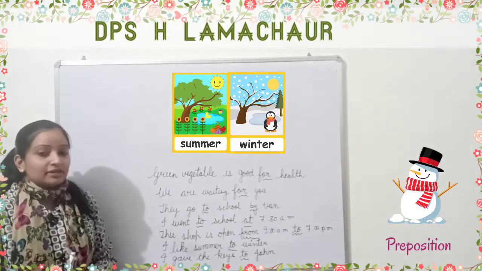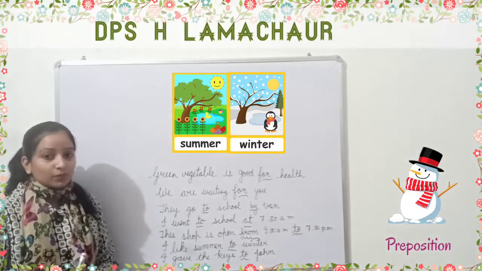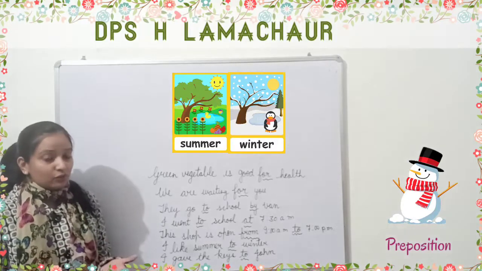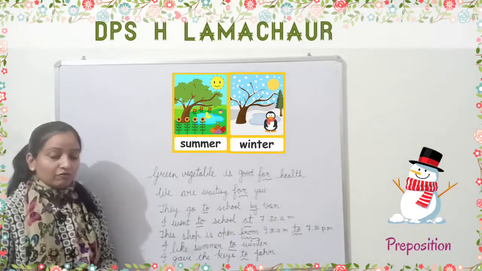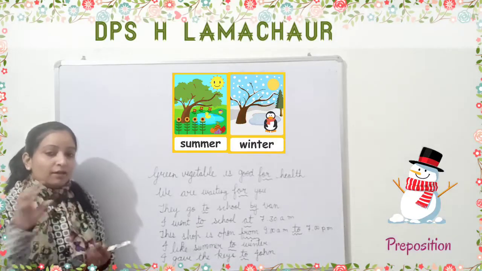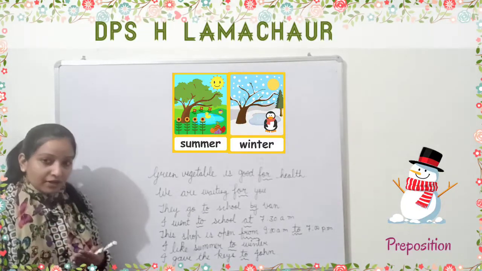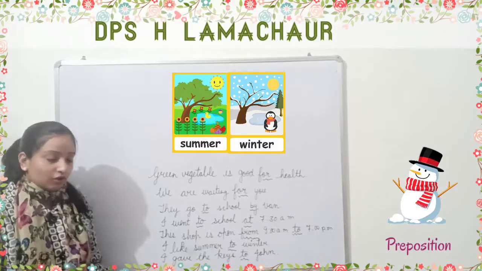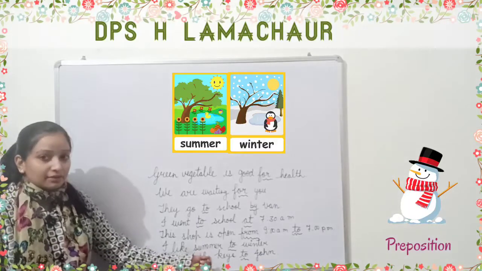To show inferior and superior, we also use to. He is inferior to me, he is superior to me, he is junior to me, he is senior to me. After these words, like prefer to, senior to, junior to, inferior to, superior to, we write to. For the preference we also use to. I like summer to winter, means I like summer.